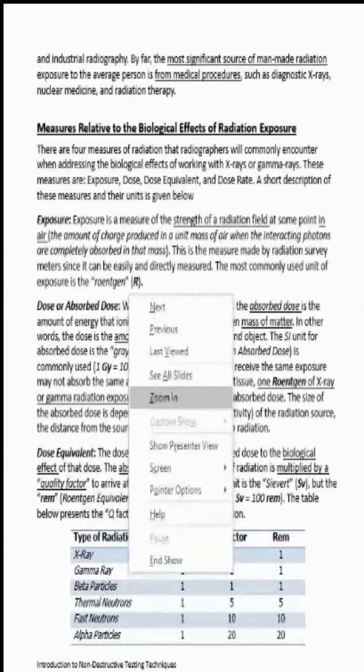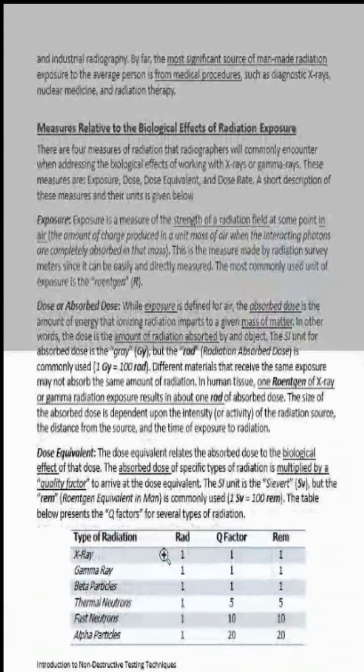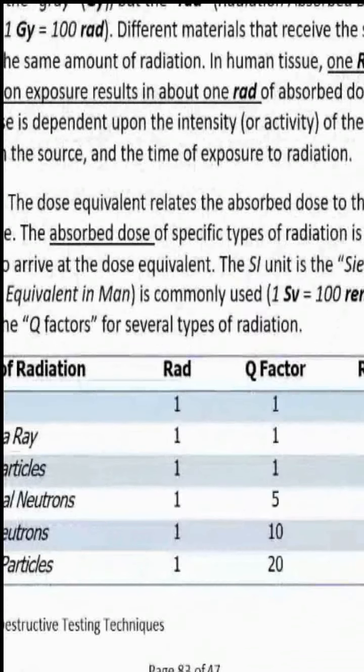Just have a look at these equivalent doses. X-ray, RAD, quality factor means what we have seen for alpha and beta particles. This is the beta particle, this is the alpha particle, and this is X-ray and gamma ray. So what is the quality factor? Almost 20 times more than X-rays and gamma rays.